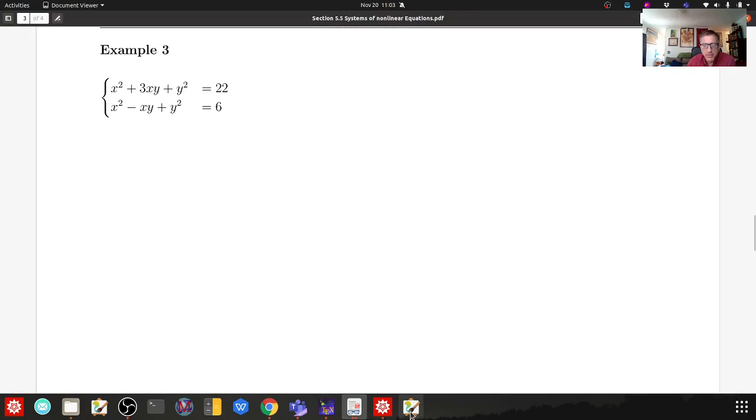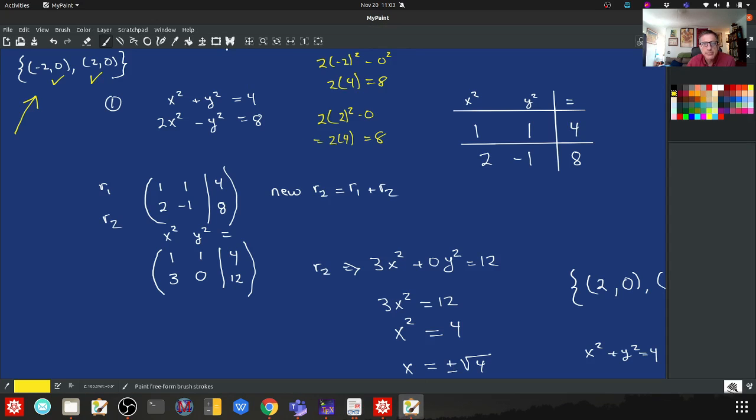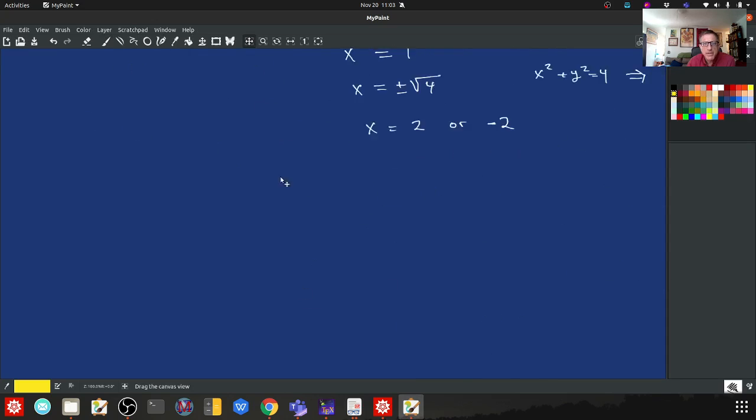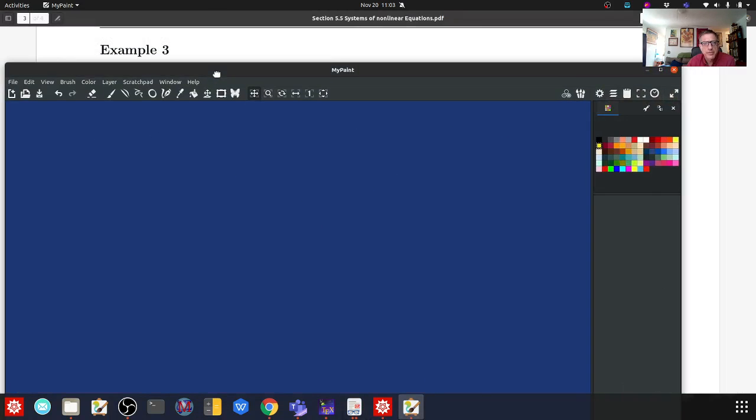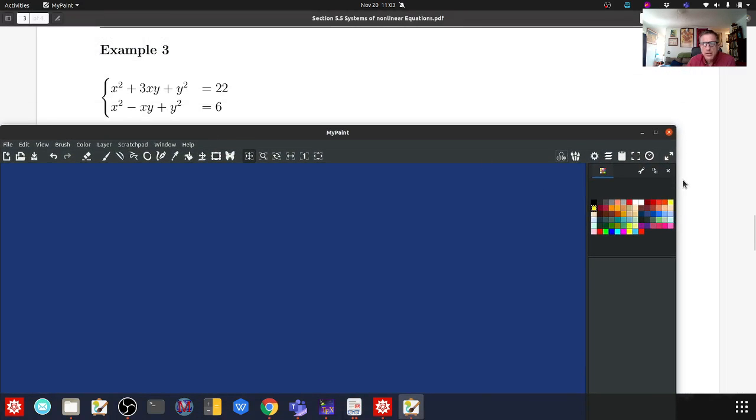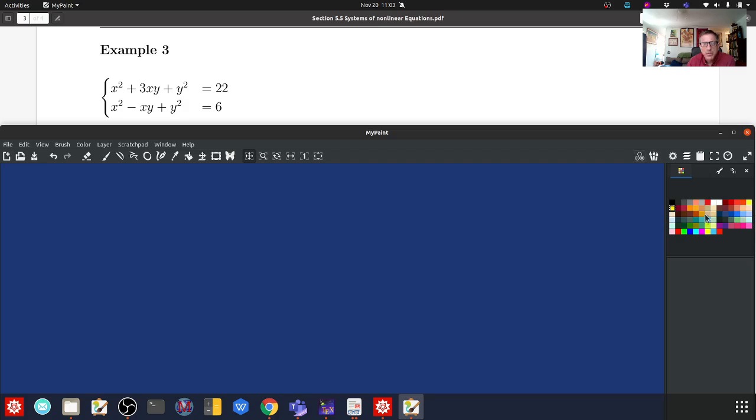Okay. So example 3. Example 3 is an odd one, but we're going to do the same thing. We have two equations, and I'm just going to go ahead and write out the matrix.